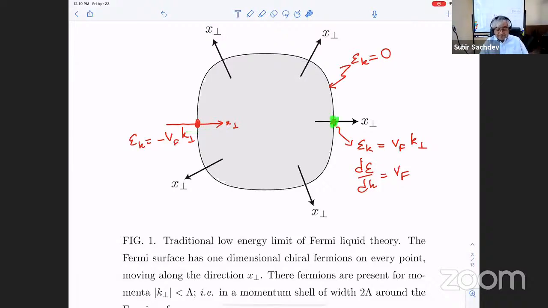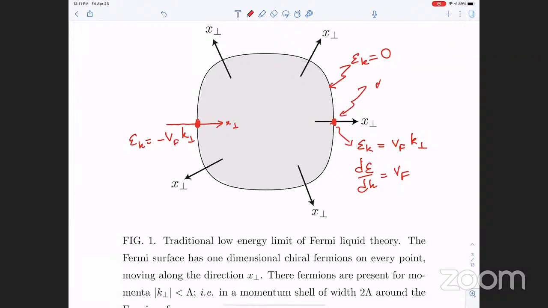So at any given point, I have a fermion moving along one direction. And so that's what's called a one-dimensional chiral fermion. It's chiral because it only moves to the right or the left, depending on where you are. Of course, there's overall parity symmetry because for every point where there's a right moving fermion, there's some other point on the opposite side of the Fermi surface where there's a left moving fermion. Okay, so this is a 1D chiral fermion.